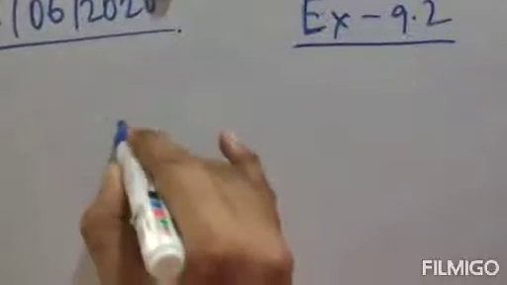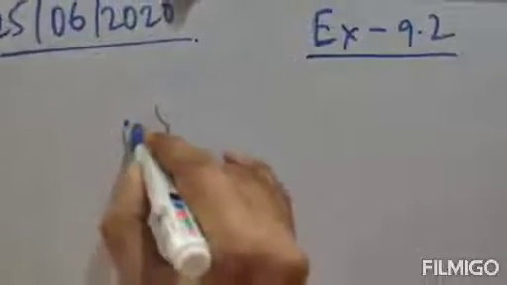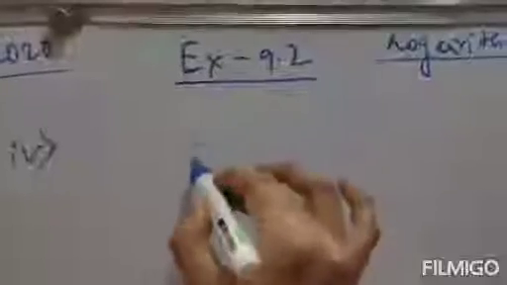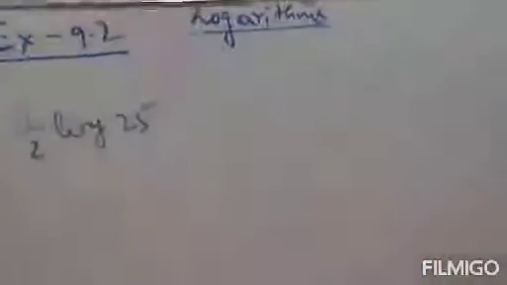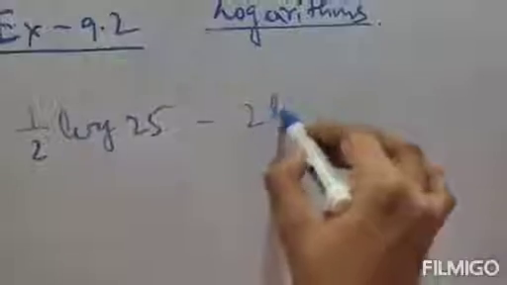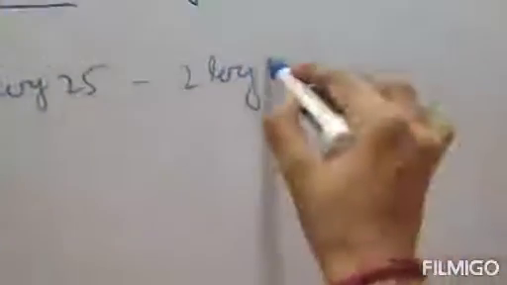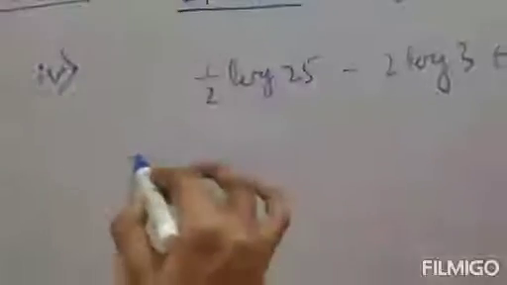Next, question number 4. Question number 4.3: 1 by 2 log 25 minus 2 log 3 plus 1. So apply the power law.